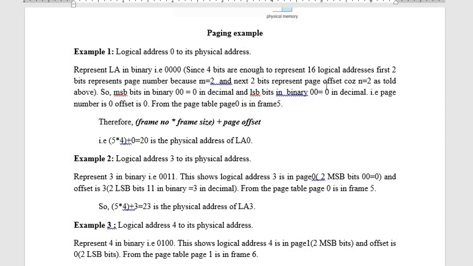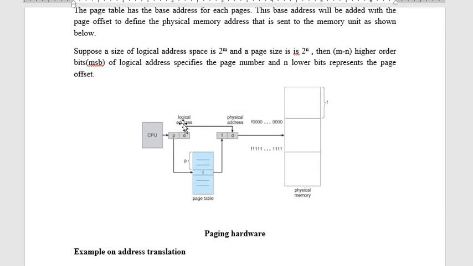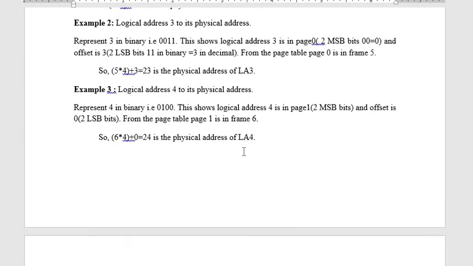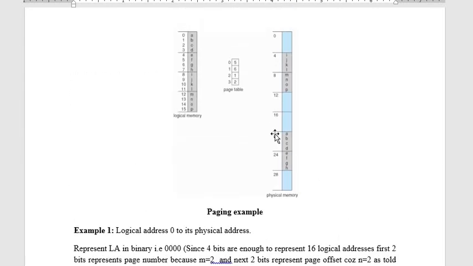The page offset is directly taken from here and added to the base address. So the frame number from the page table, we got to know it is the 5th frame and its frame size is 4 bytes. So 4 plus offset, we are looking into that line in that particular frame. So it is 20. So go to the physical memory. Logical address A is present in the 20th location.